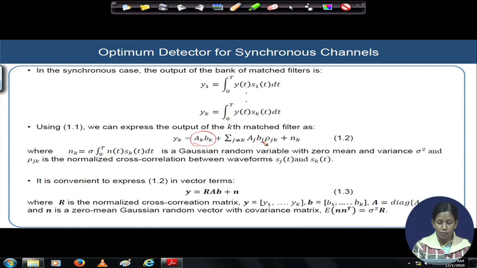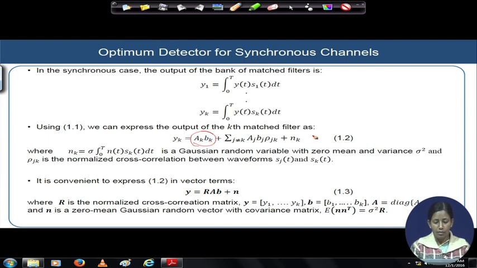For all the remaining users you get another term associated with them, given by rho_jk. This rho_jk is a normalized cross correlation between the two waveforms s_j and s_k. It takes care of the cross correlation between two signature waveforms, equivalently two different codes given to other users. This parameter contributes the amount of interference on the received signal.